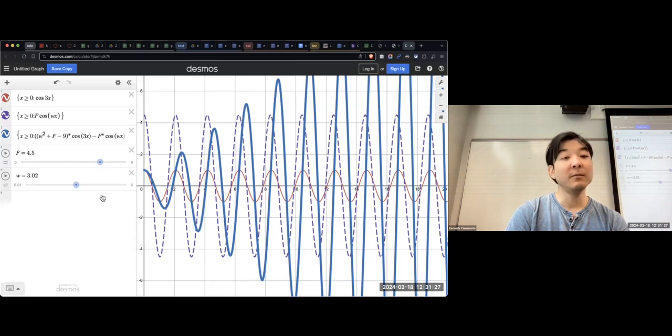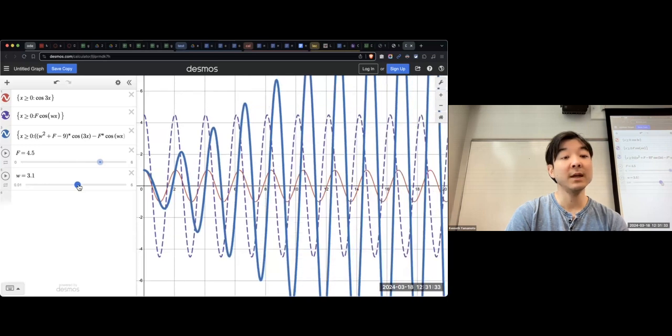Now let's fix the amplitude of the external forcing and then change the frequency. As I move this to the right, what do you think the blue, the actual motion of the object, is going to end up doing? We're going to keep the external forcing amplitude the same, 4.5, but I'm going to change the frequency and make it higher.